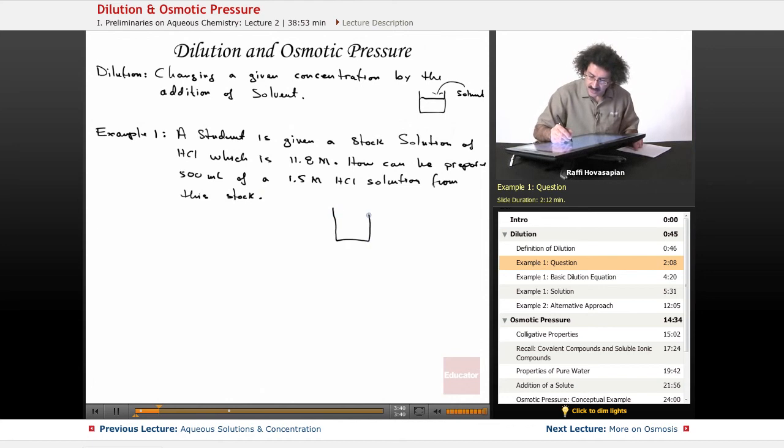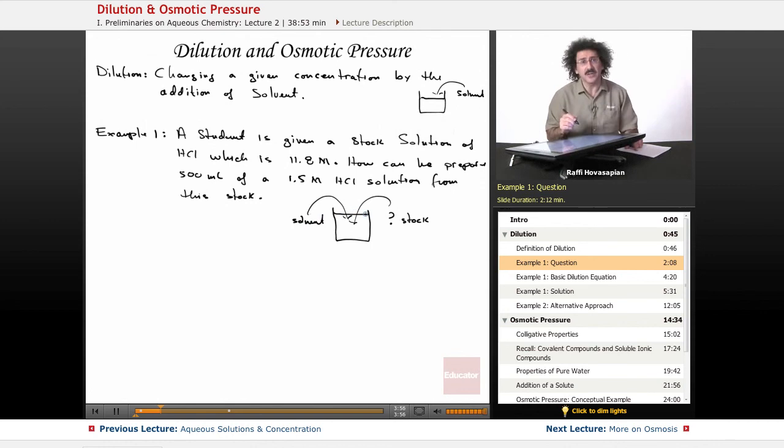He needs to put in a certain amount of stock solution of a given molarity, and he needs to dilute that by adding water, bringing it up to 500 milliliters, and then making sure that that 500 milliliters is 1.5 molar. So the question becomes, how much of the stock is he actually going to pull out of the stock solution to put into this beaker, and then on top of that add the water to bring it to 500 mils to turn this into a 1.5 molar solution. That's what we're doing here.